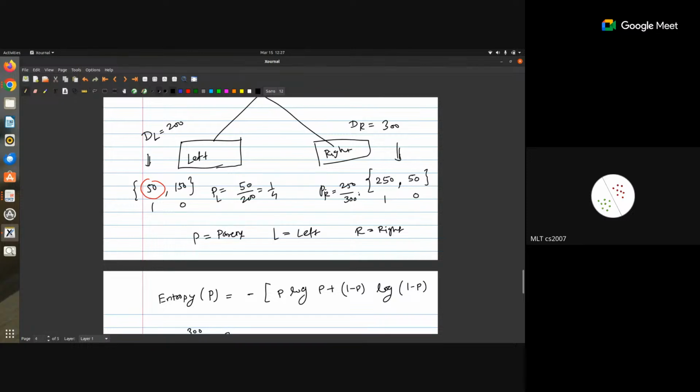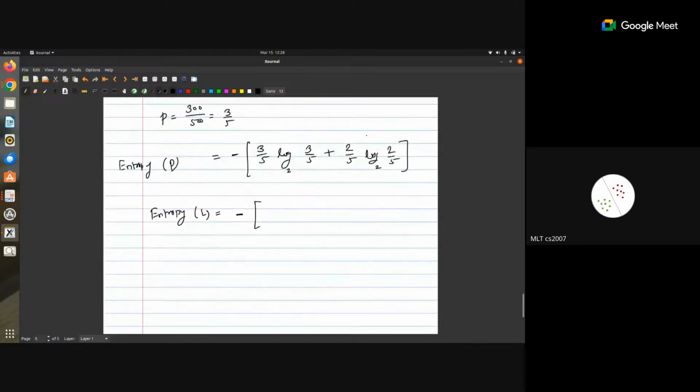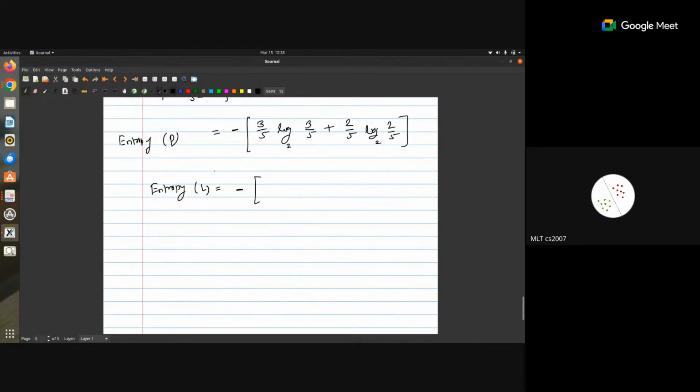This is 3/4. No, 5/6. Okay, right. So entropy at the left side will be minus of 1 by 4 log of 1 by 4 plus 3 by 4 log of 3 by 4. Again, the base will be 2 here.